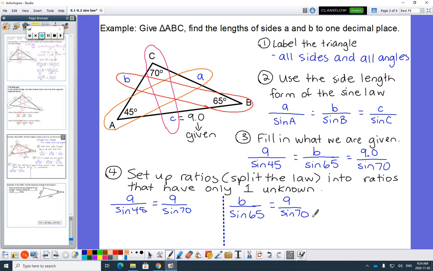So sometimes the question will only ask you for one side, and then you can just split it apart. So if the question just said find side A, then I wouldn't even need this over here. We could just ignore the B completely. So this question is more like one where you have to solve for all side lengths and all angles.